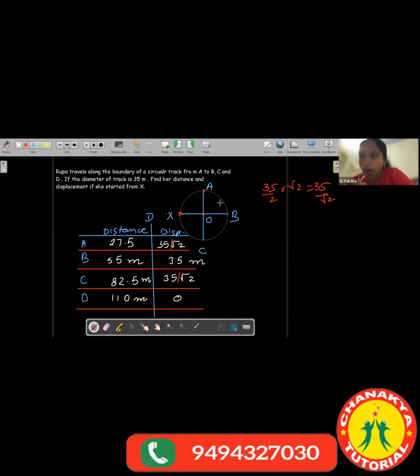The circumference is given by the formula 2 pi r, so it will be 2 times 22 over 7 multiplied by 35 over 2. So the circumference is 110 meters. One fourth of 110 gives AX as 27.5.